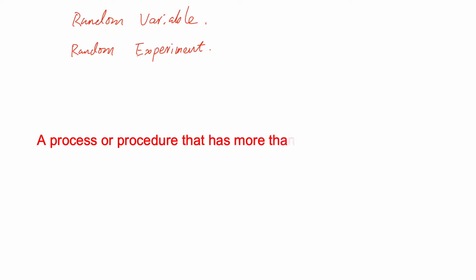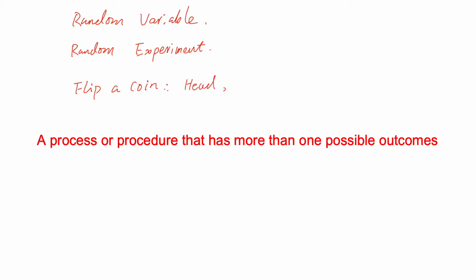So, for instance, if we flip a coin, there are two possible outcomes. One possible outcome is we may get a head. The second outcome is tail.